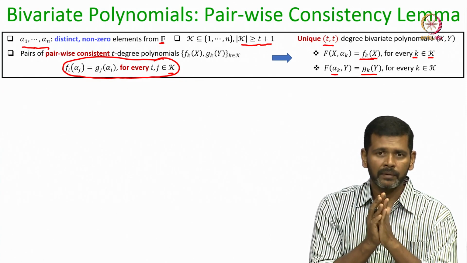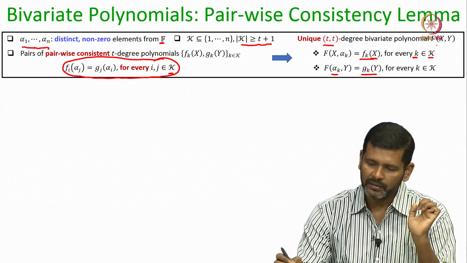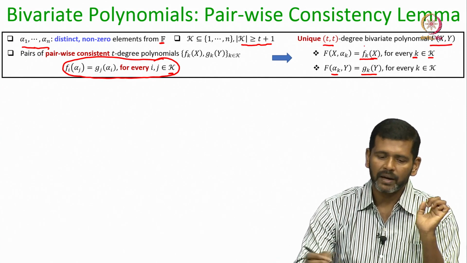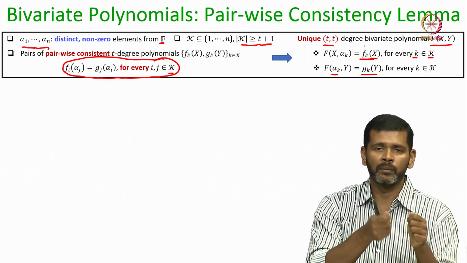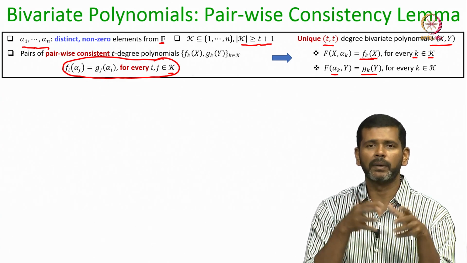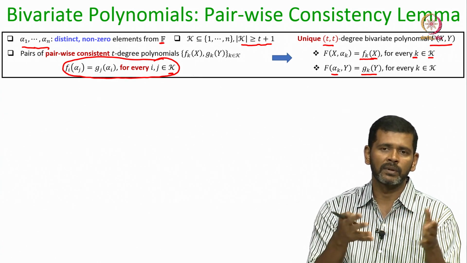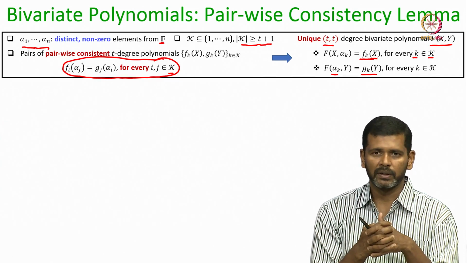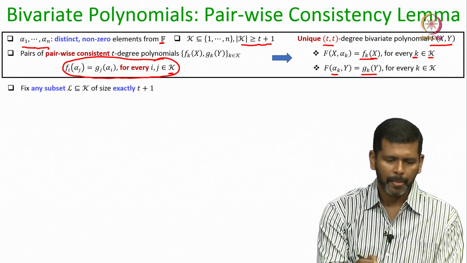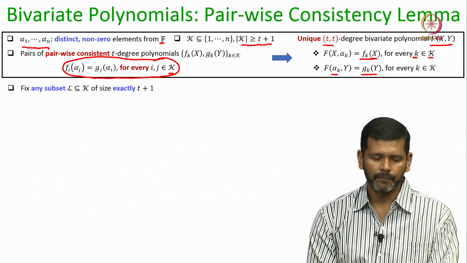So, if they are pairwise consistent, then what we are arguing here is that there exists a unique t degree bivariate polynomial passing through those t plus 1 or more number of pairwise consistent univariate polynomials. You can't have multiple bivariate polynomials passing through those given polynomials. That is the statement here. Okay. So, we will prove this and then later we will demonstrate it.